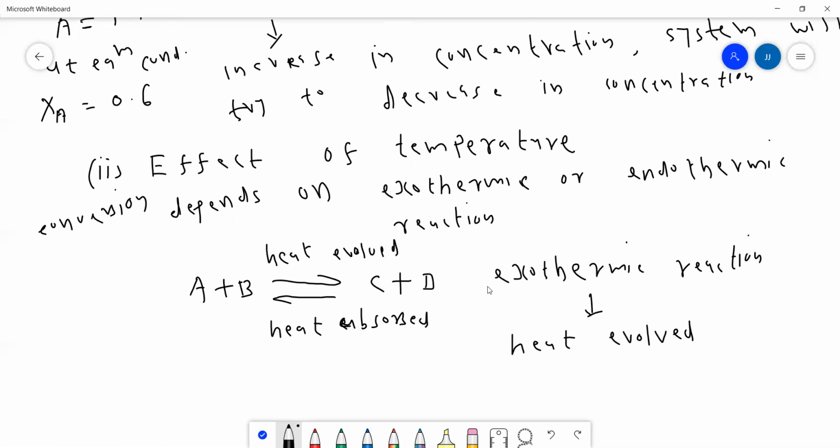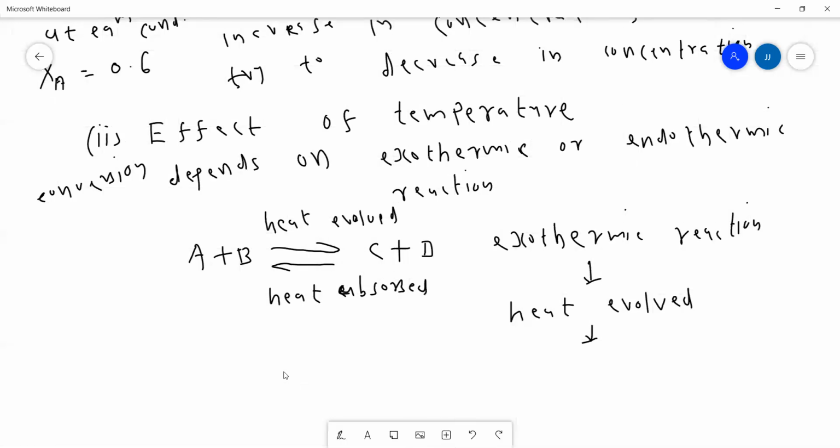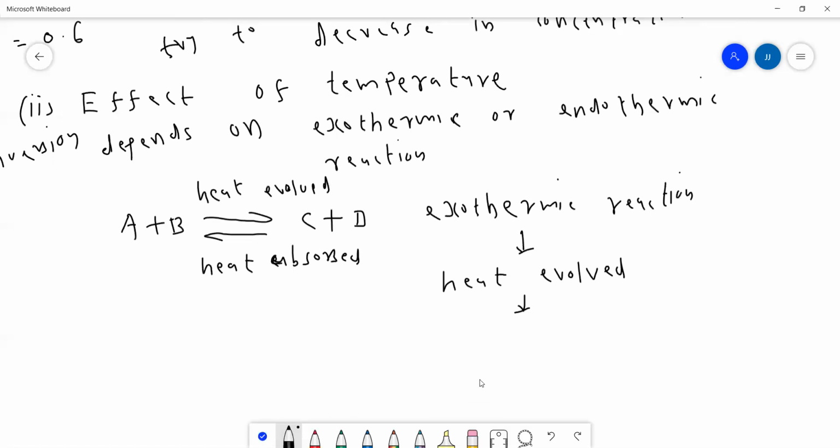So we know that as heat is evolved, the temperature increases due to the evolution of heat. Now let's say we increase the temperature for the exothermic reversible reaction.